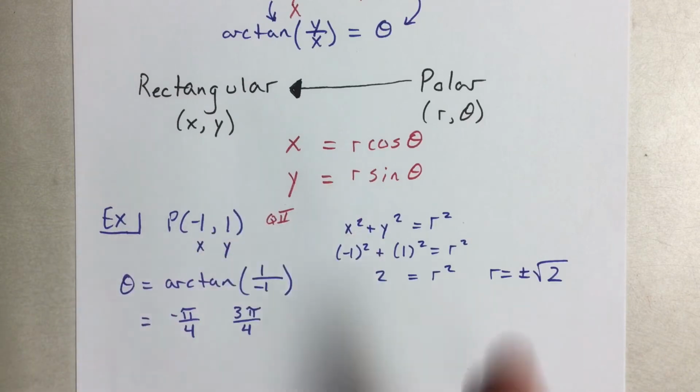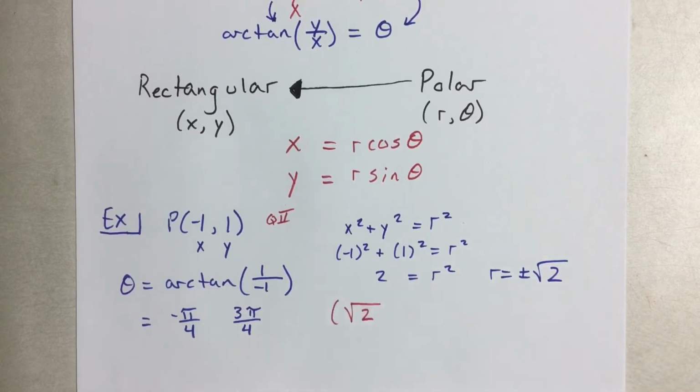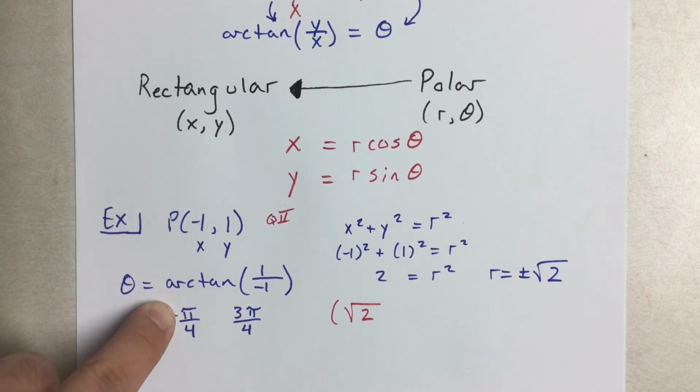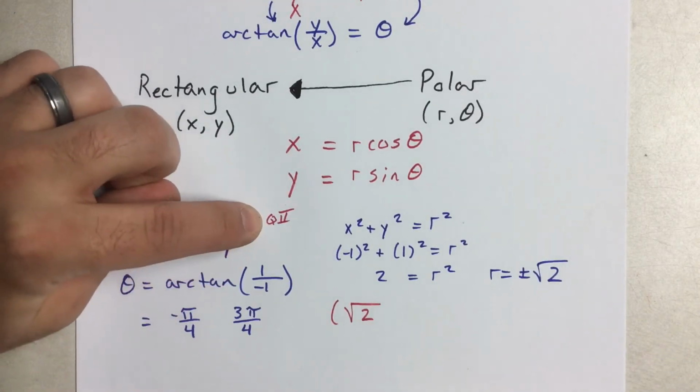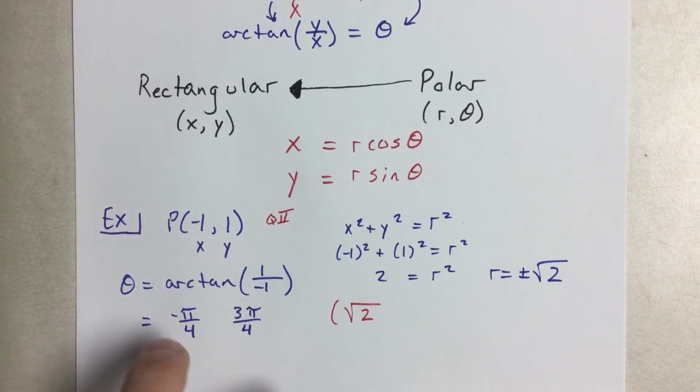So, two thetas, two radii, because we have multiple representations of coordinates, right? We knew that from the first lesson. So let's think of how we're going to do this. Let's say we have a positive radius square root of 2. We think of the angle measure first. So if I use this angle measure, -pi/4, what quadrant are we going to be in? We'd be in quadrant 4. Since I need to be in quadrant 2, with this angle measure I would be in quadrant 4, but give me a negative radius and I would go to quadrant 2.